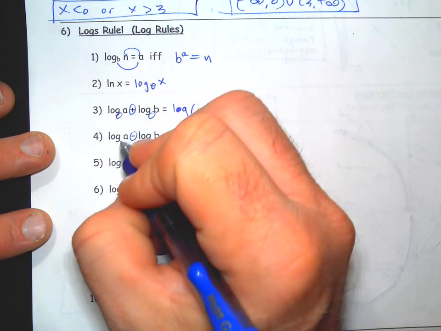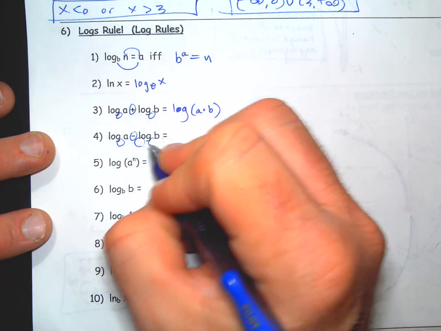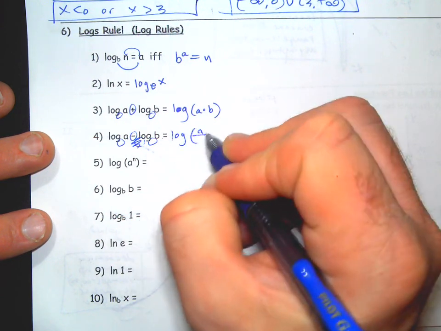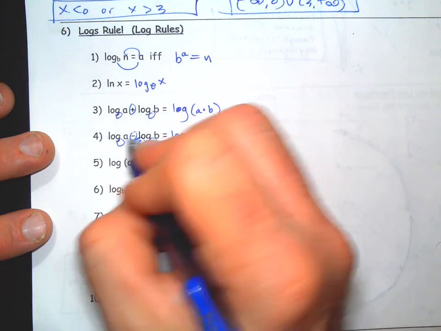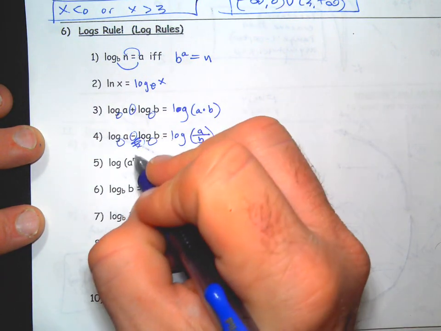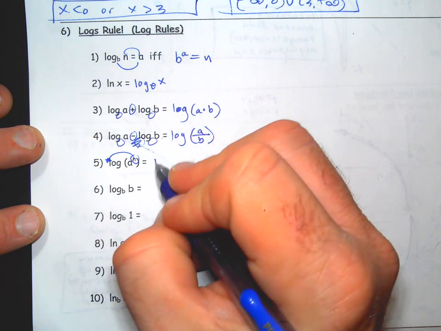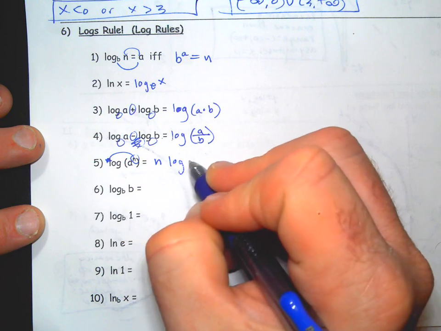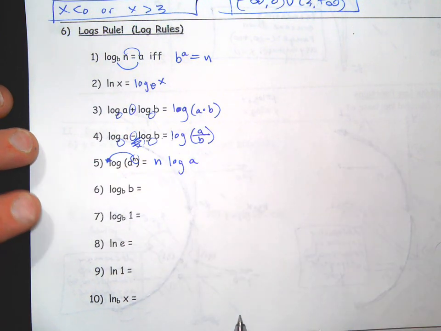If they're being subtracted and they have the same bases, they got to have the same bases, then you combine them together and you divide what's in the first log by the second log. There's something called the power rule, which allows you, if there's an exponent on what's inside the log, you can bring it out in front as a coefficient.